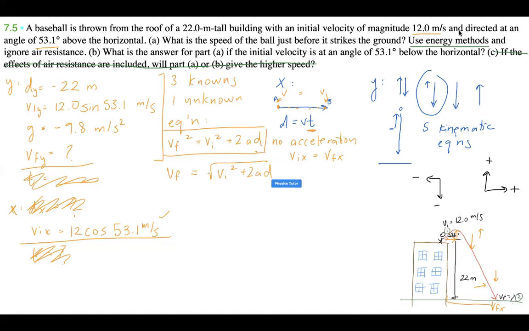And we just plug in our values now. I'm going to do that in green. Plus 2A is minus 9.8, and D is minus 22.